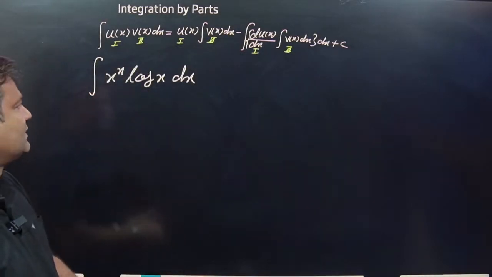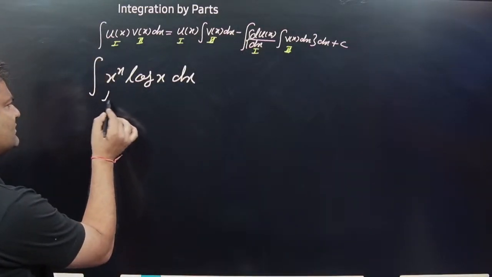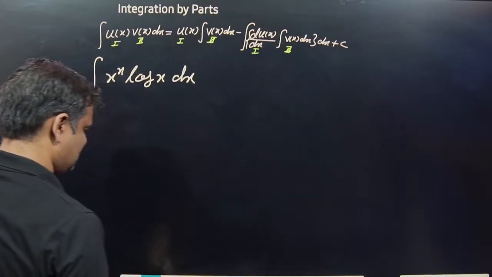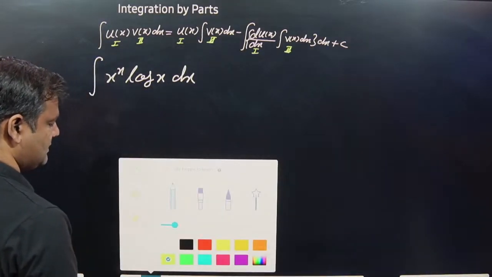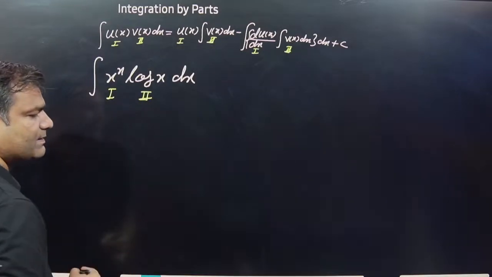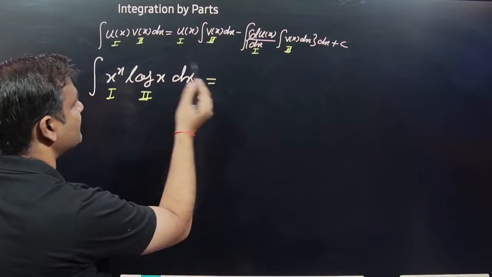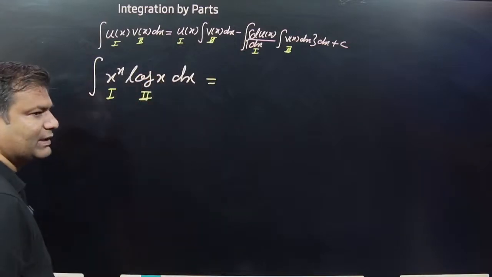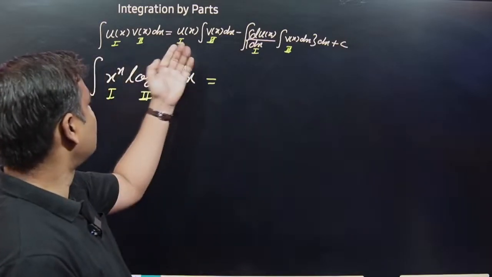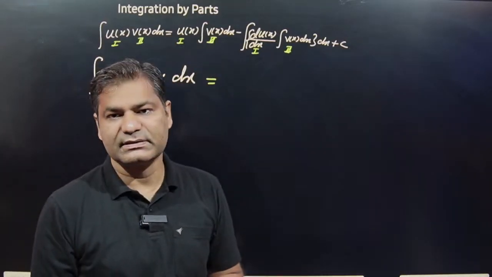Look very carefully. Someone says, sir, I will take this one as the first function and this one as the second function. So if you apply this formula here, first into integration of second, you would need the integration of log x. You know that? No. If you apply that formula, first x to power n into integration of log x dx.